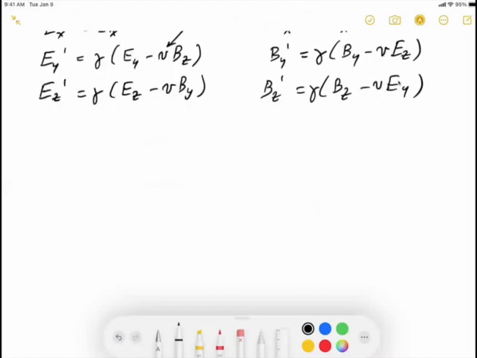So let's say we have some kind of a charged object, some q, in the K frame, which is co-moving.